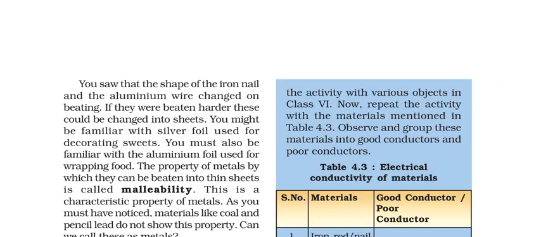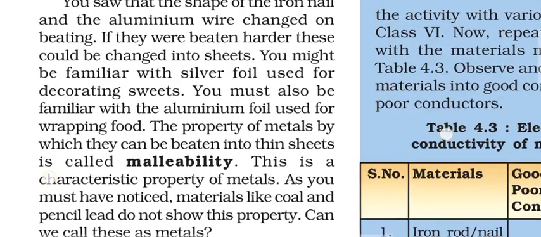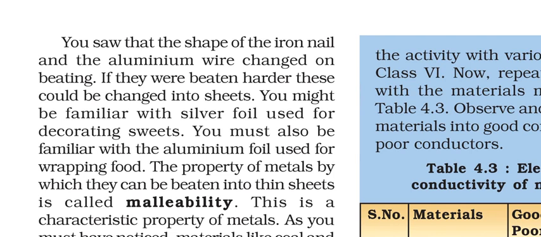Okay, so therefore you can see that the shape of the iron nail and aluminum wire changed on beating, and if you beat them even harder, you can change their shape completely into thin sheets.